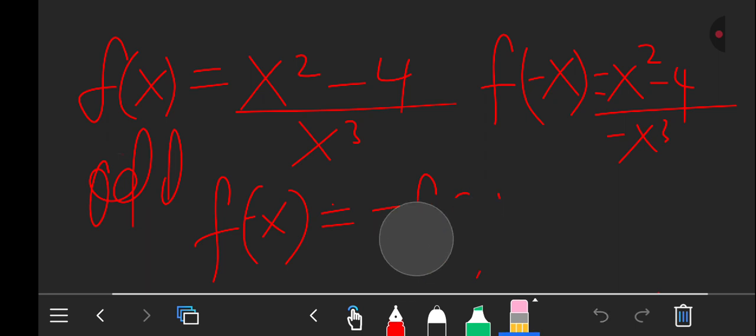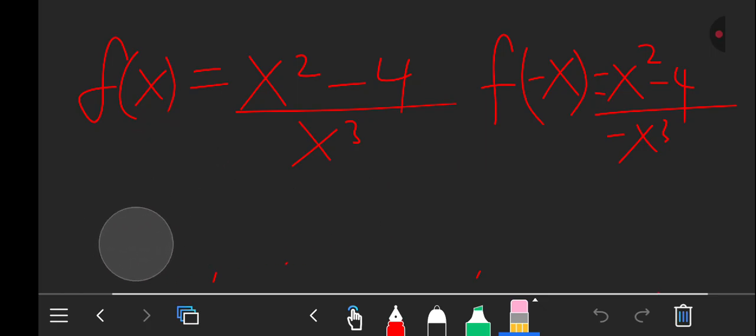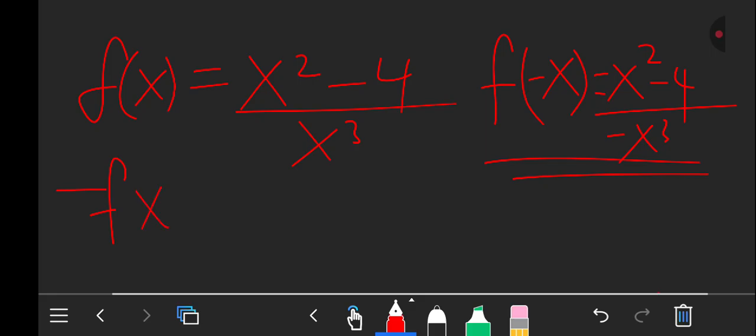We've already determined what f of negative x is. Let's find out what negative f of x is. In this function, just put a negative outside, then you multiply everything by the negative outside.